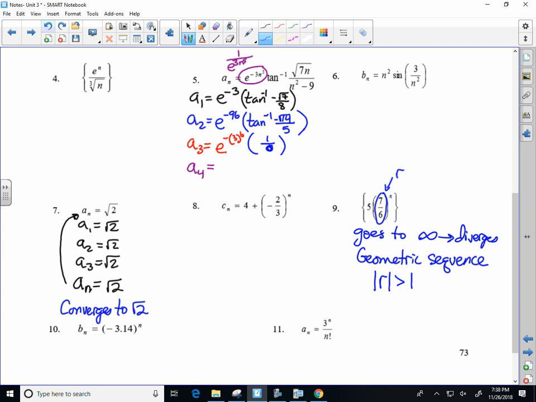So I can write this as 1 over e to the 3 times 4 to the 5th power.